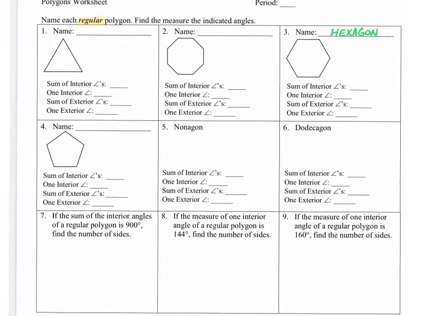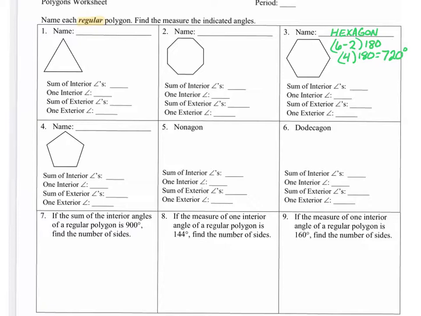The sum of the interior angles. Well, since it's 6 sides, 6 minus 2 times 180. So that would be 4 times 180, which is 360 times 2, so that'd be 720. So 720 degrees.